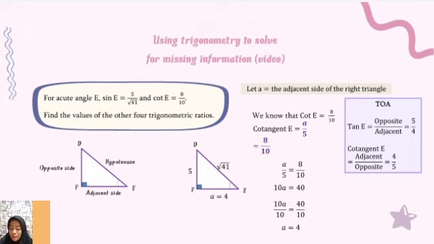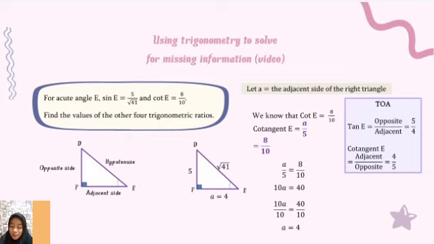Let A equal the adjacent side of the right triangle. We know that cot A equals 8 over 10. Cotangent A equals A over 5 equals 8 over 10. So, A over 5 equals 8 over 10.